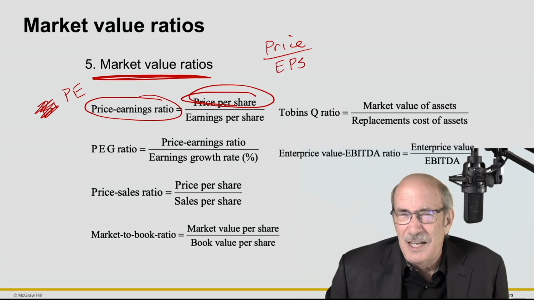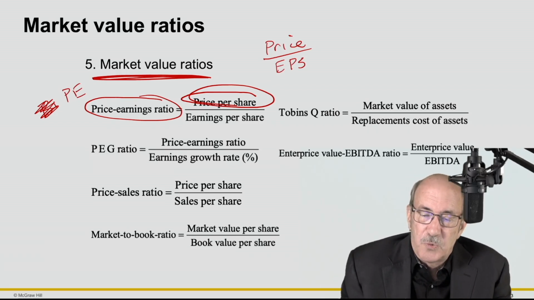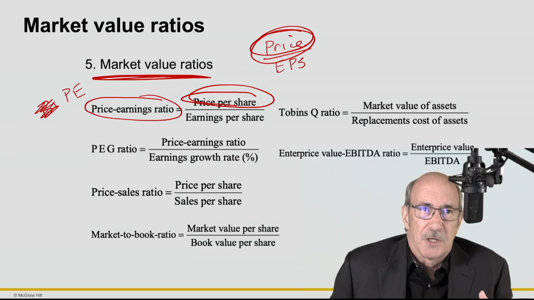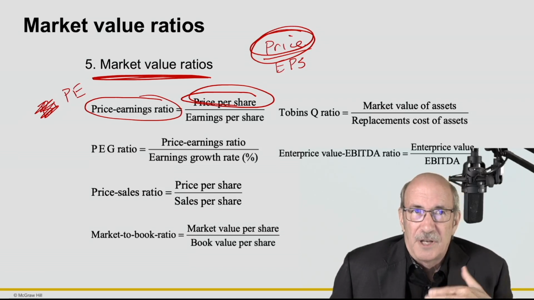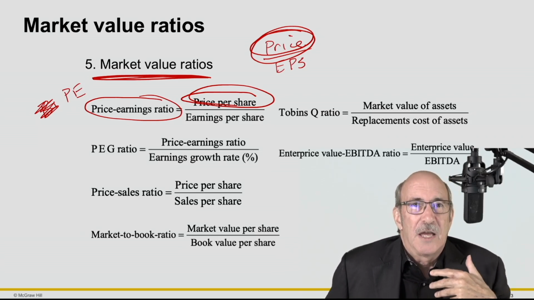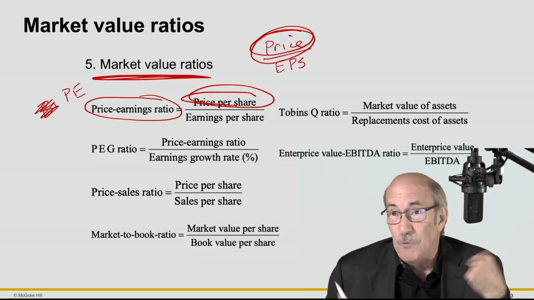It has some serious problems, though, and that is that this price is a very forward-looking measure. Anytime you price something, you're thinking about what's it worth, not what was it worth, but what is it worth and what is it going to generate for me in terms of dividends and any sort of capital gains into the future, not what happened in the past.